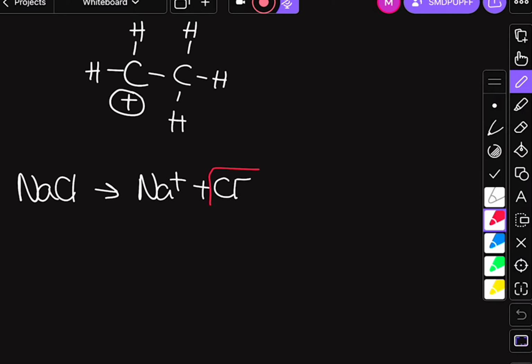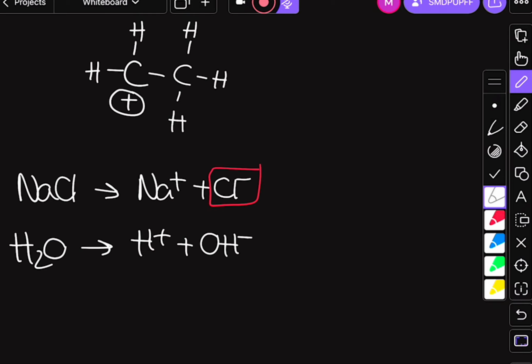So then we're going to be interested in the Cl minus because the anion is going to go after the cation. Or we may have water in our solution. So we've said water dissociates into H plus and OH minus.